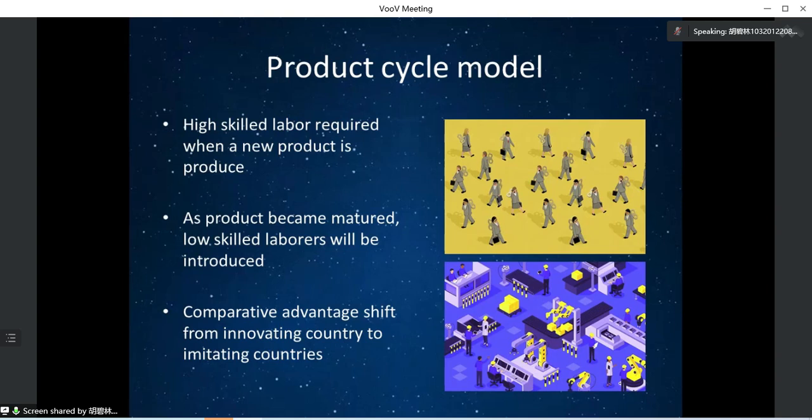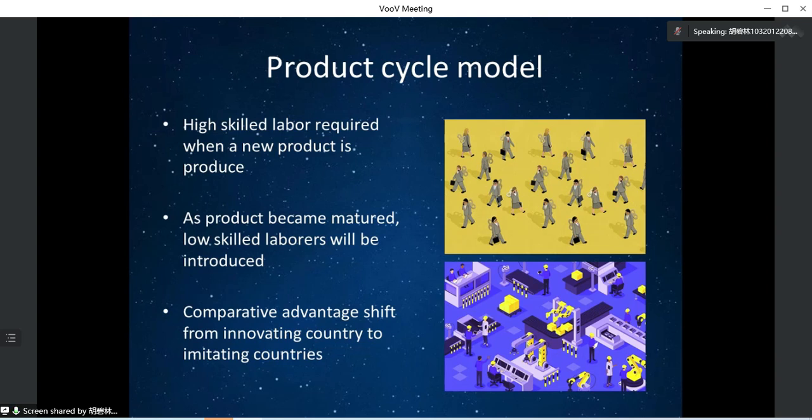As the product matures, where everybody has the needs and there's a market with a high need for this certain product, this is where low-skill laborers will be introduced, and the comparative advantage shifts from the innovating country, the country that actually created this thing, to the imitating country.